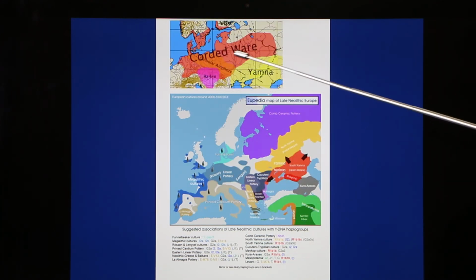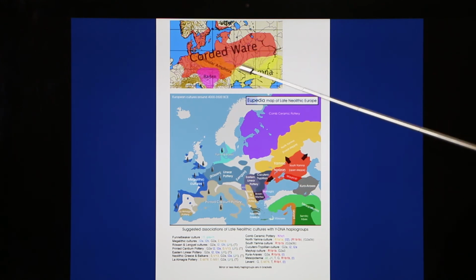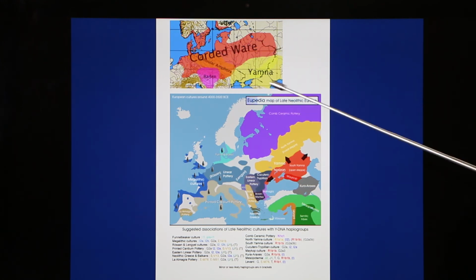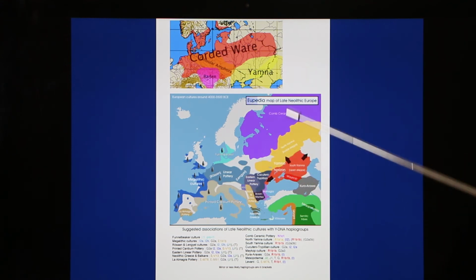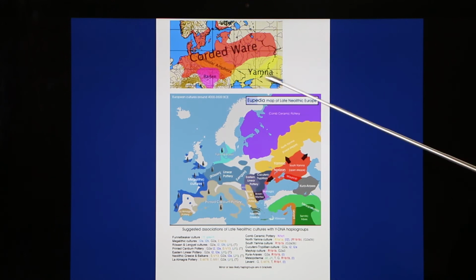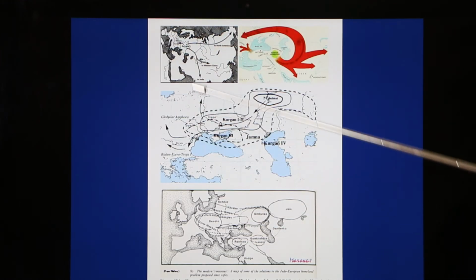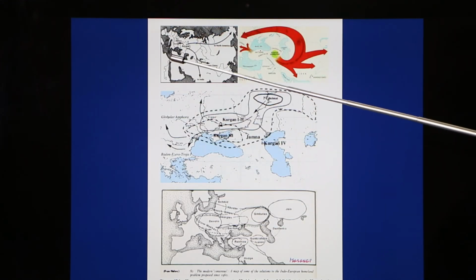And there is then a notion of corded ware in this area and Yamna culture. Now, that Yamna culture is very close, etymologically, to Yama, because this is how they buried people, that's quietly ignored. And so here are other pictures of how this is supposed to have happened.